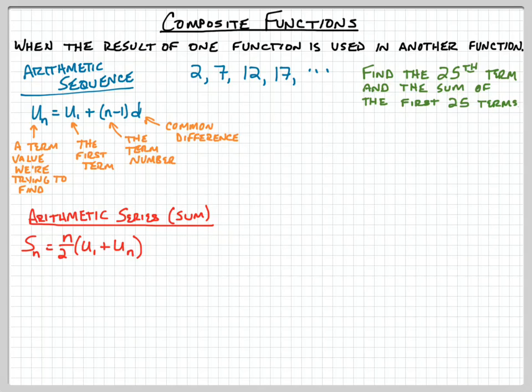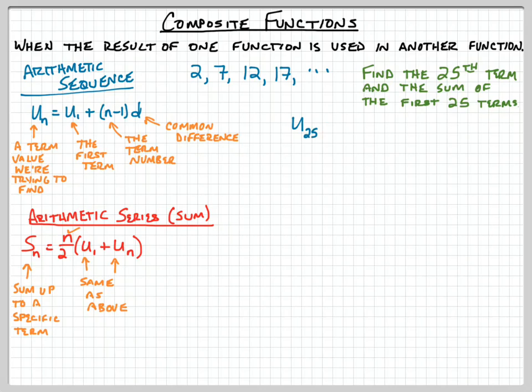Here s of n is the sum up to a specific term number, and n, u of 1, and u of n are the same as above: the term number, the first term, and the term value of the highest term that we're looking at.